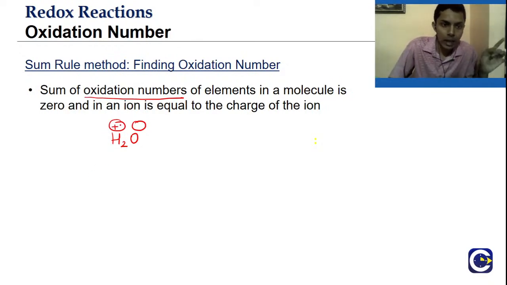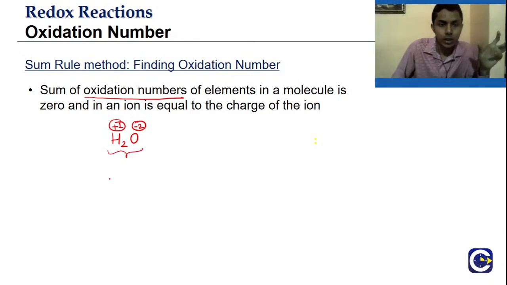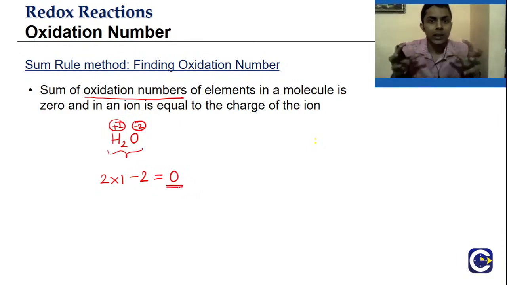For now I'll take hydrogen oxidation number to be +1 and oxygen to be -2. Let's do the algebraic addition. Here 2 hydrogen atoms are there, so 2 into 1, plus oxygen, 1 atom with charge -2, which is 2 minus 2, which is 0. So the algebraic sum will be 0. That's what the sum rule method says.